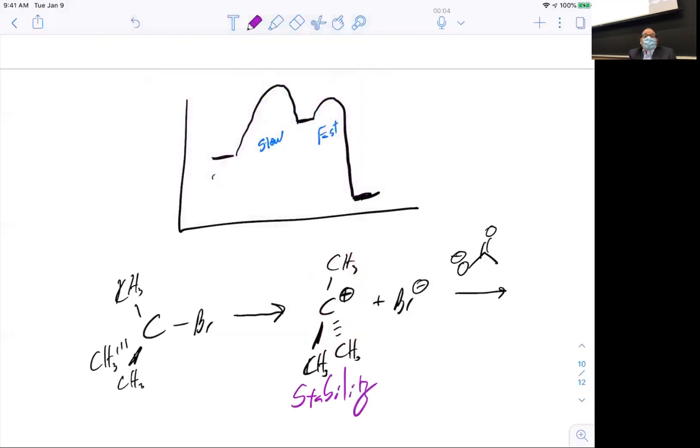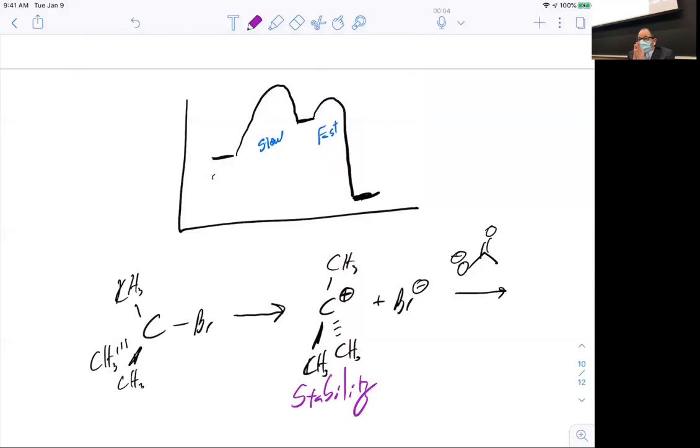So in SN2, the driving force was the strength of the nucleophile and the sterics, the substrate spatial arrangement, right? How fast that reaction occurs has to do with the ability of the nucleophile to give its electrons to that electrophile and the sterics around the electrophilic carbon allowing the nucleophile to get in to react at the antibonding orbital. In a two-step process, it's going to be driven by the stability of that carbocation, right?